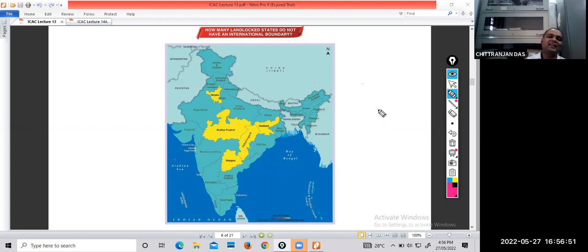So you may term these states of India as landlocked. Truly, they are landlocked because they don't have access to the sea. But there are other landlocked states also, like Rajasthan. But Rajasthan has access to a neighboring country. These states don't have any border or any coastline. This is very clear to everyone.